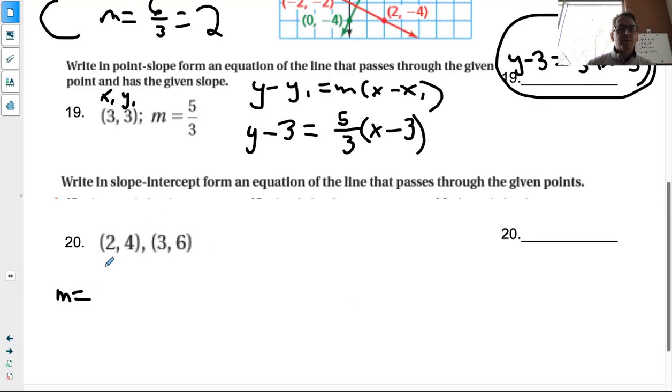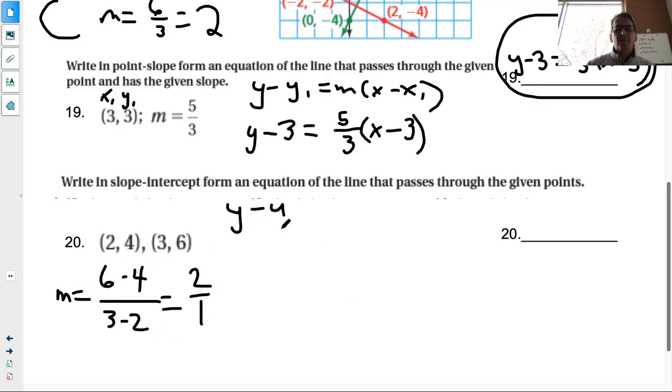6 minus 4 divided by 3 minus 2. So that slope is 2. And then what you're going to need to do is write it in slope intercept form. So we're going to start with our y minus y1, the point slope form, equals the slope times x minus x1.